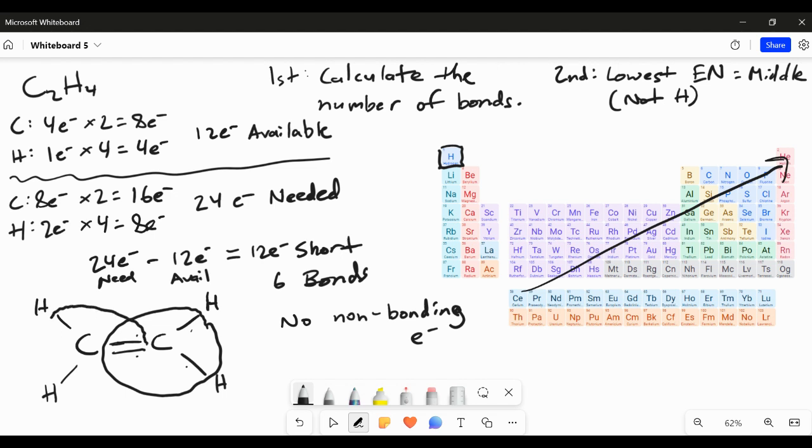And this carbon right there also has 2, 4, 6, 8 electrons, so it also meets the octet rule. So as a result of this, each of the atoms in this molecule are happy. They're all more stable. They all meet the octet rule. And this is the Lewis dot structure for our molecule.